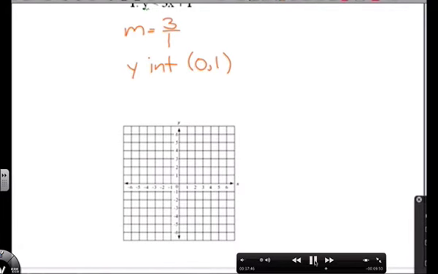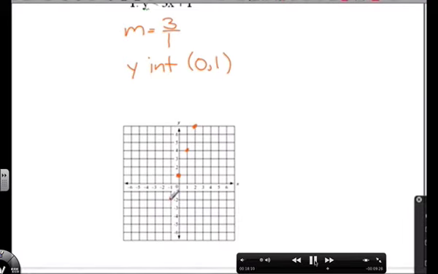So far, it's exactly like what we've been doing. I plot my y-intercept, 0, 1. I use my slope to plot more points. Up 3, right 1, up 3, right 1. If I want to go in the other direction, down 3, left 1.